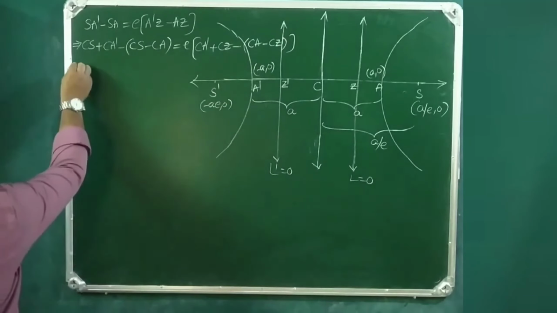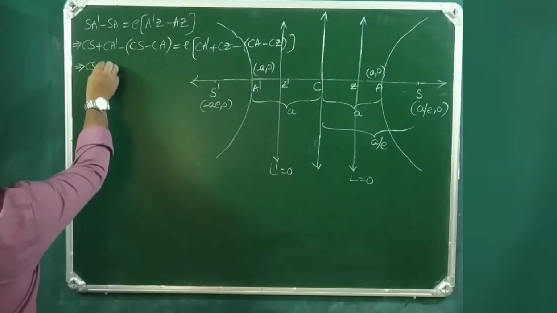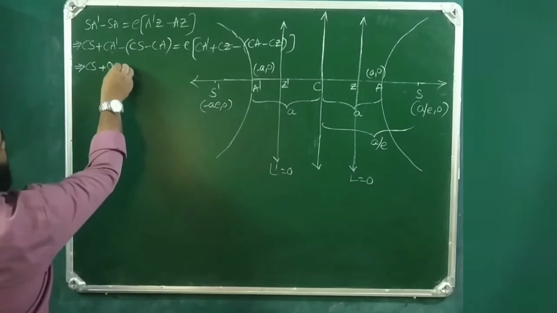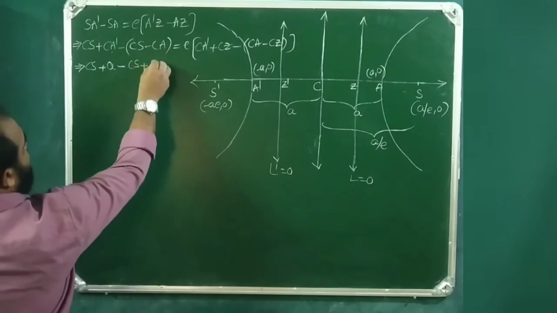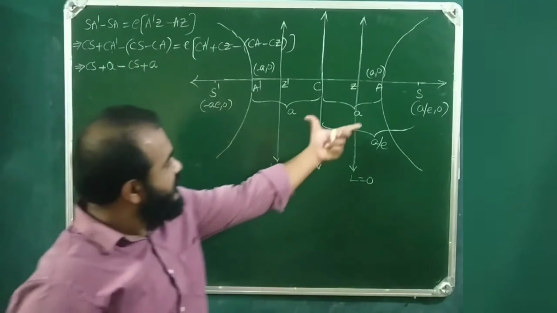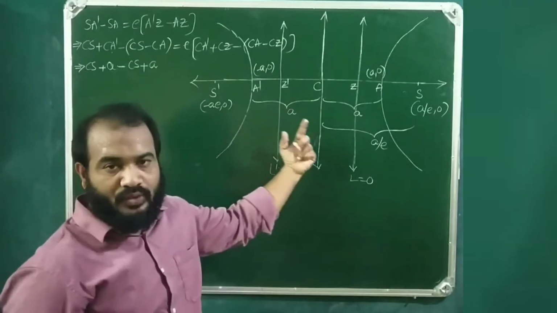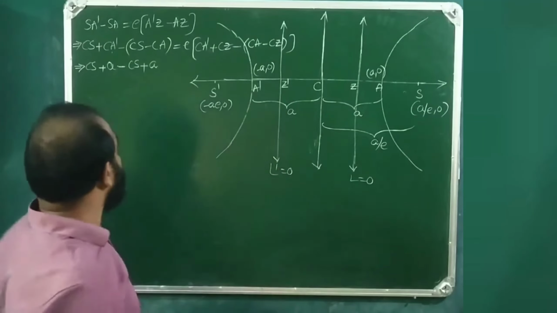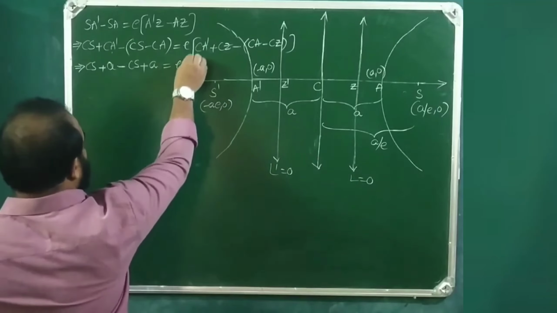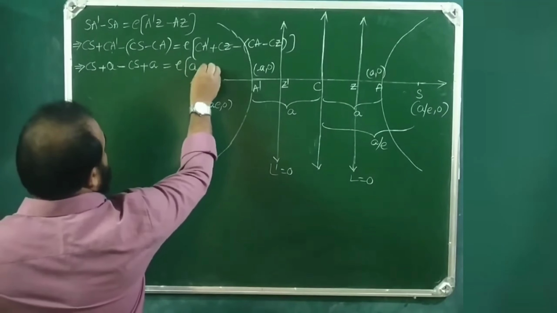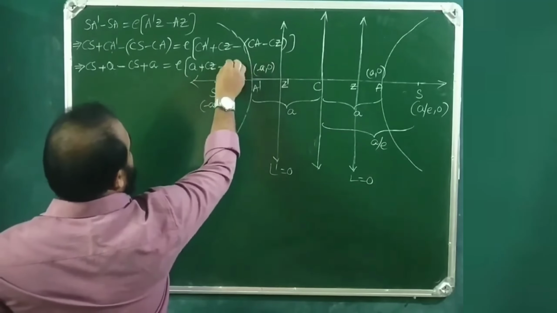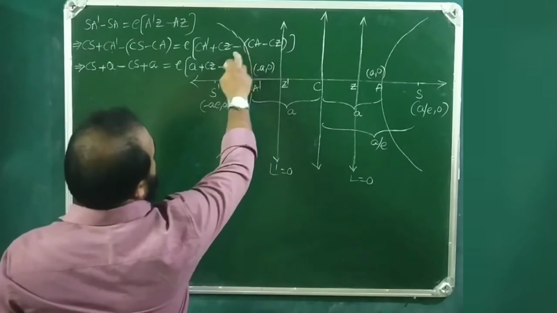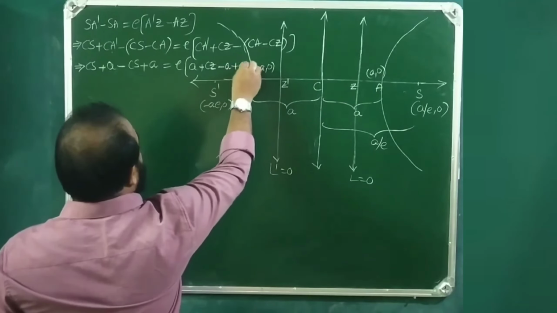So this is equal to CS, CA dash is A minus CS, minus into minus is plus, CA is A, because CA is equal to CA dash is equal to A, which we have taken before. This is equal to E into CA dash is A plus CZ minus CA is A, minus into minus is plus CZ.